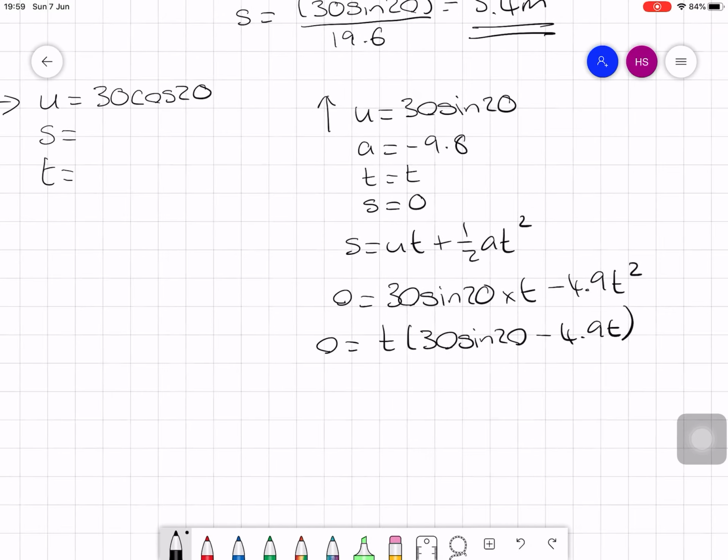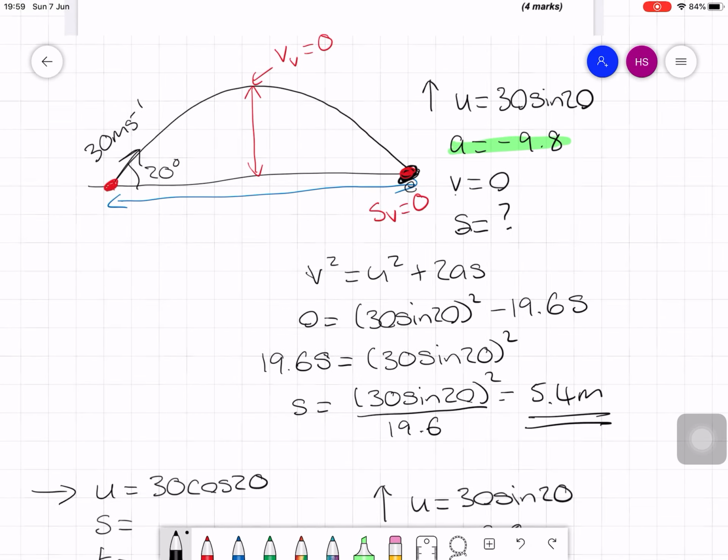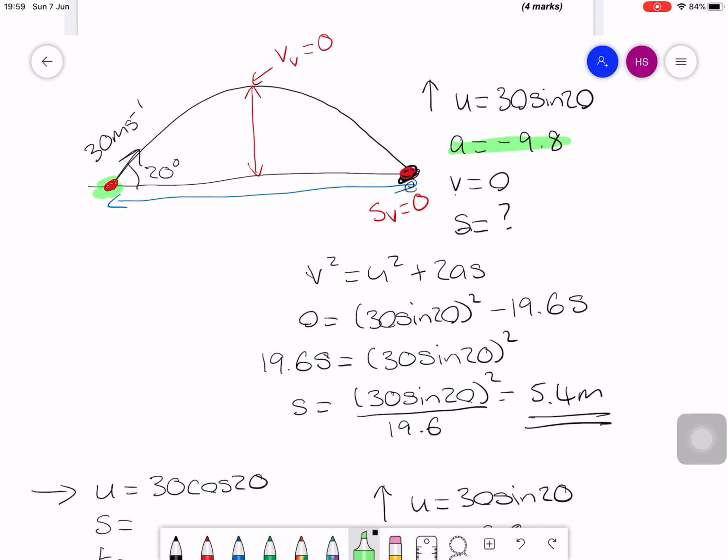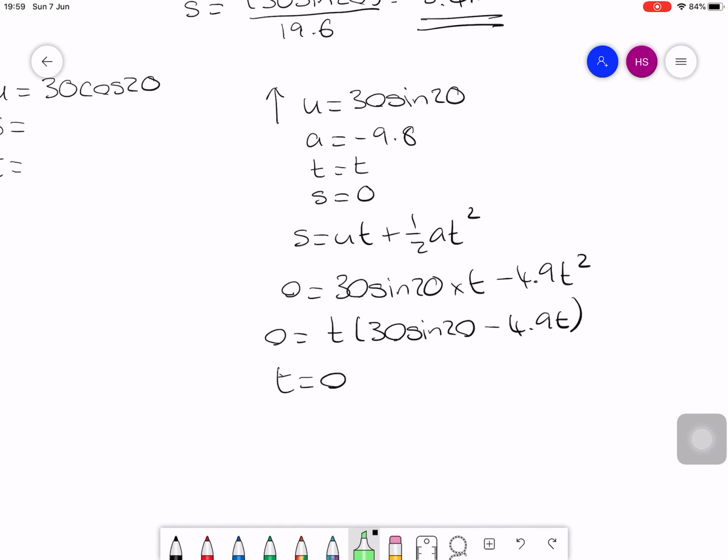So either t is 0, which we knew because the vertical displacement is 0 at the start, or looking at what's in those brackets, t is going to be 30 sine 20 over 4.9.